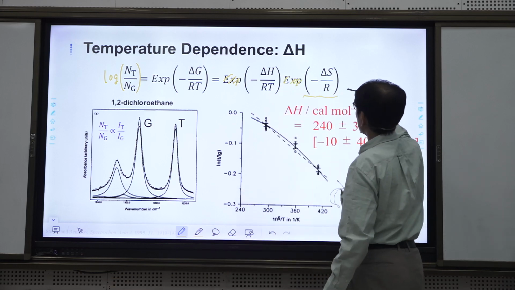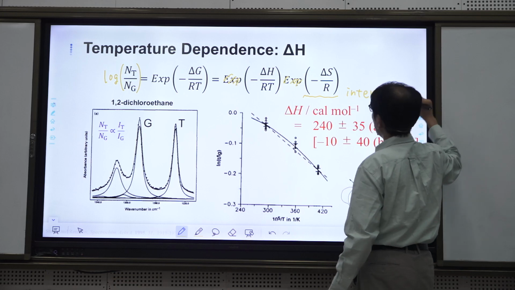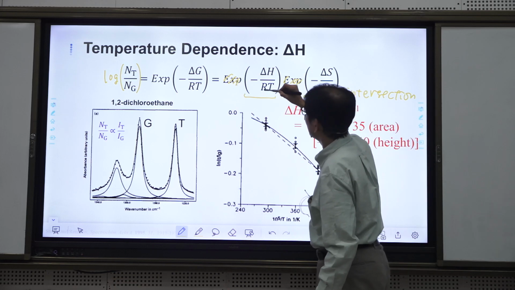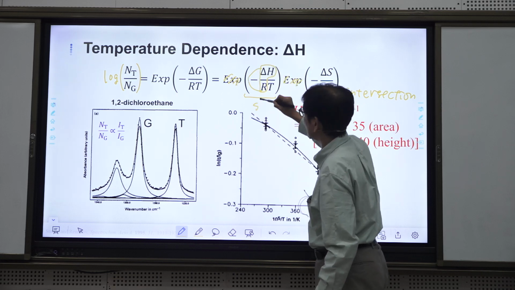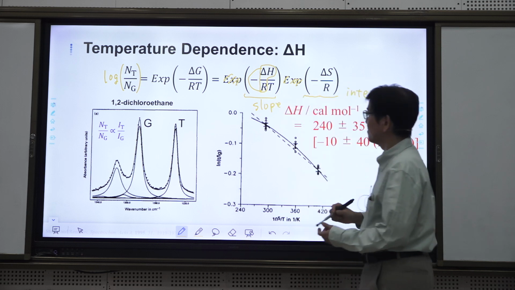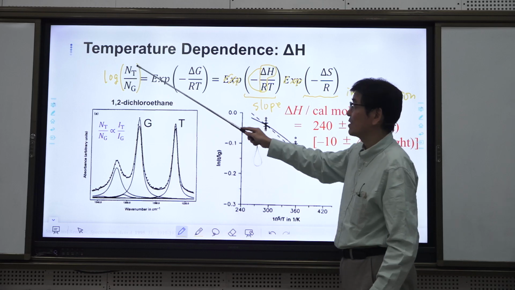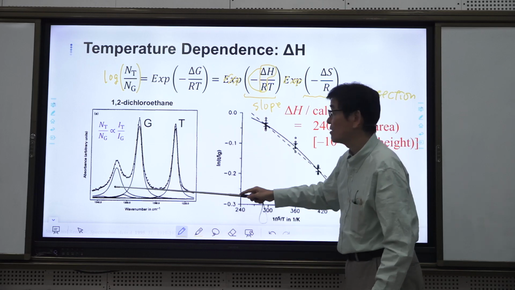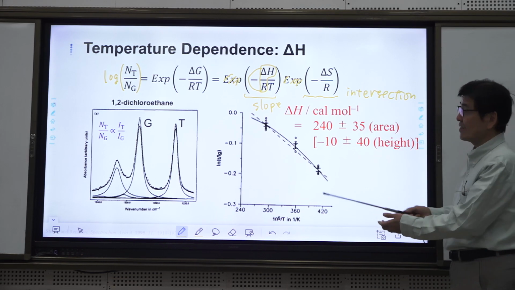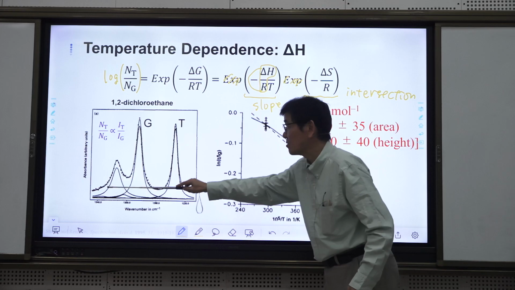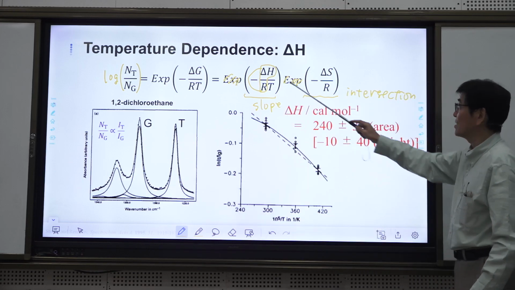So this term comes to the intersection, and this term is obtained as a slope. And the ratio of the trans and gauche is estimated by comparing the peak area. So by checking the temperature dependence of the peak area and its ratio, we can derive delta H from this equation.